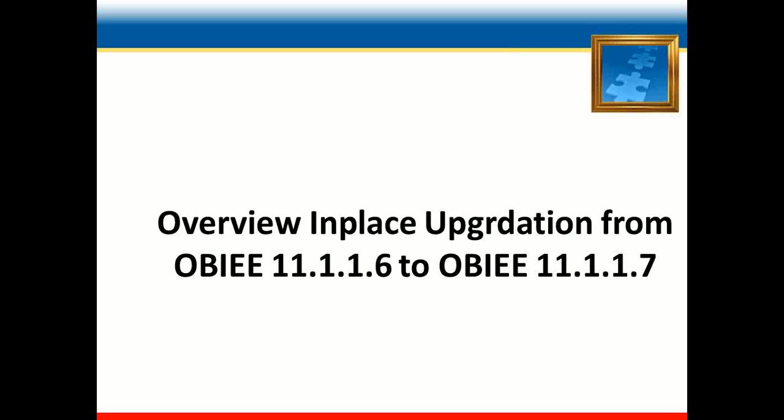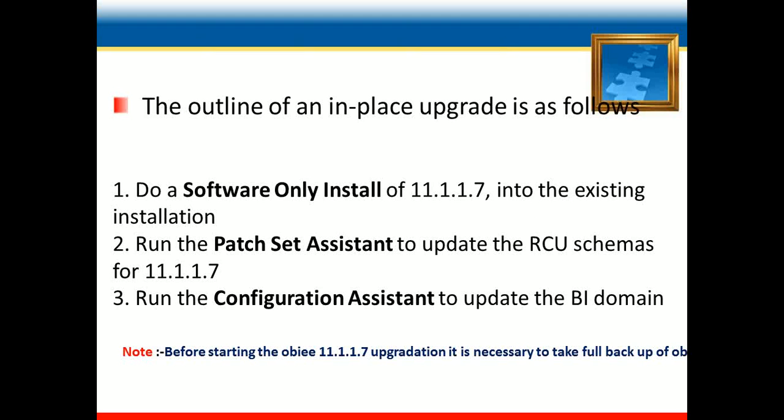And now I'm going to start presenting the overview of the N+ upgrade from OBIEE 11.1.1.6 to OBIEE 11.1.1.7. This slide mentions the outline of the N+ upgrade, as follows.